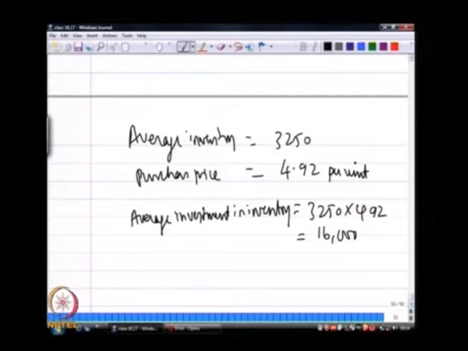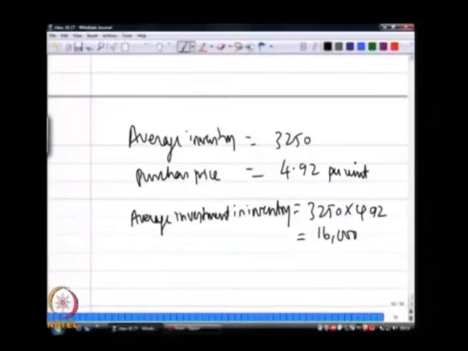The working capital requirement will vary from the highest possible 32,000, which is 6,500 into 4.92, to as low as 0, which means I do not need any working capital.